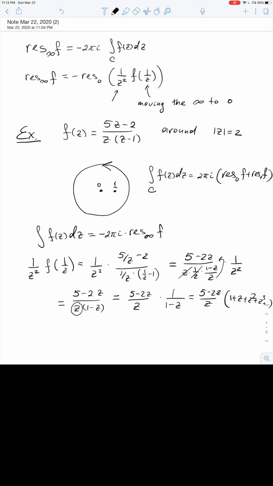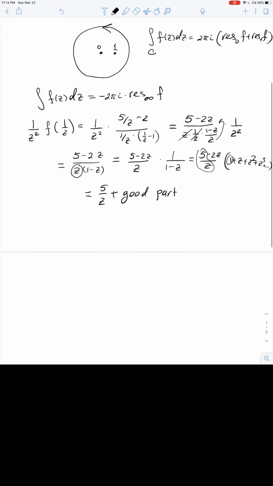how the residue, what is the residue? The residue comes from 5 over z times 1. So it will be 5 over z plus the good part. And so the residue of this function at 0 is 5.